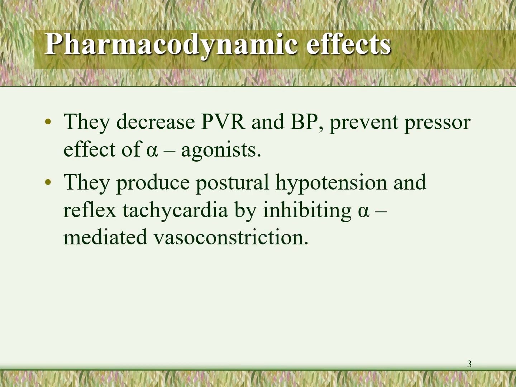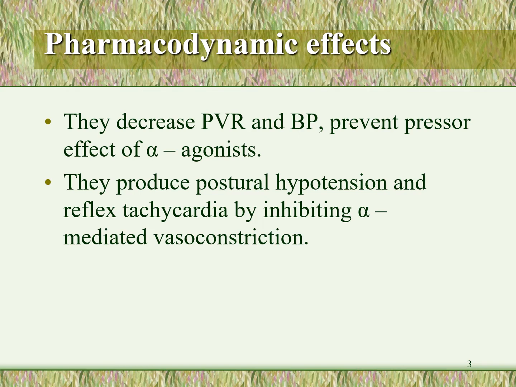They produce postural hypotension and reflex tachycardia by inhibiting alpha 1 mediated vasoconstriction. This is one of the famous adverse effects of alpha blockers, postural hypotension, because they block the alpha receptor.